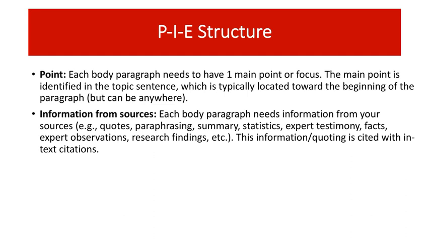And the types of information that you're looking for to bring in would be statistical data, so perhaps percentages that you want to share, expert testimony from professionals in the field, experts, people with good credentials, etc. Facts on the topic that you are writing about, expert observations, and a really big one for college writing would be research findings, because that is how we're trying to understand our world, is through research.